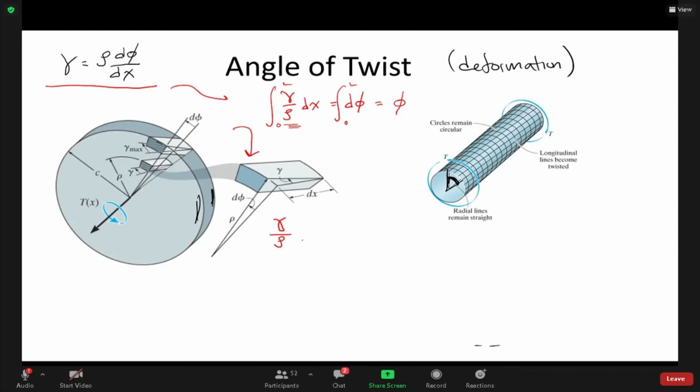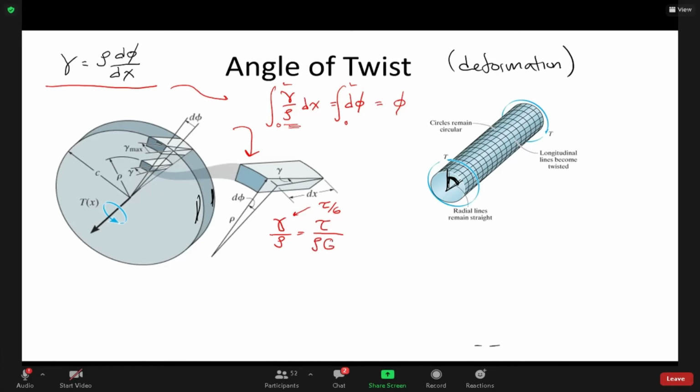I can replace the shear strain using Hooke's law for shear as the shear stress tau over the shear modulus G. So that gives me tau, the shear stress, over rho times the shear modulus G.